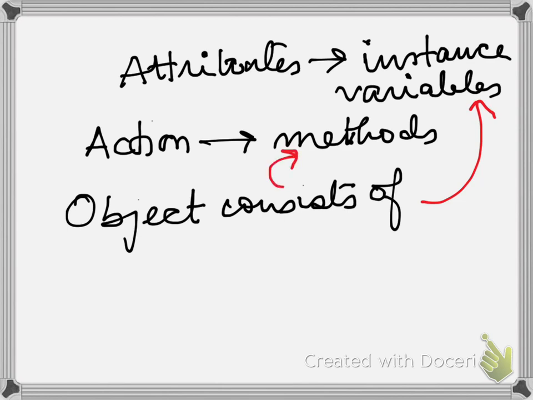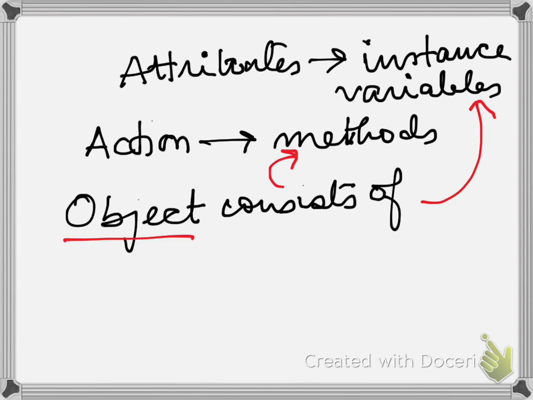Now you can have a class or an object which does not consist of instance variables, or you may have a class which does not contain methods, but in that case the utility of such an object would be very limited, because if you have a method but no data on which these methods will work, the object is useless.